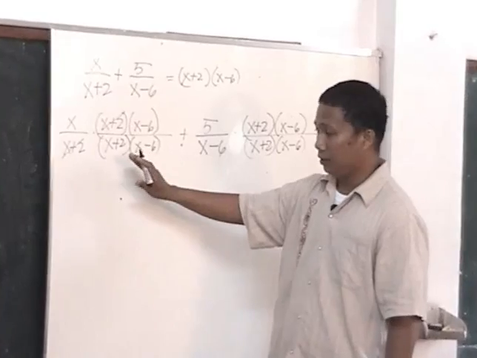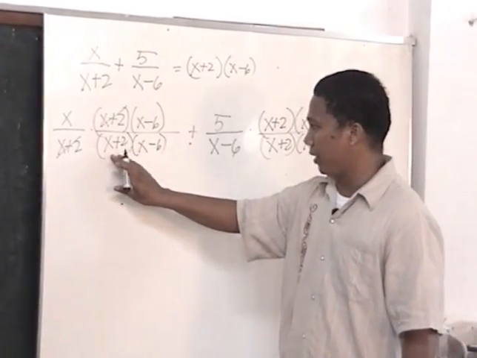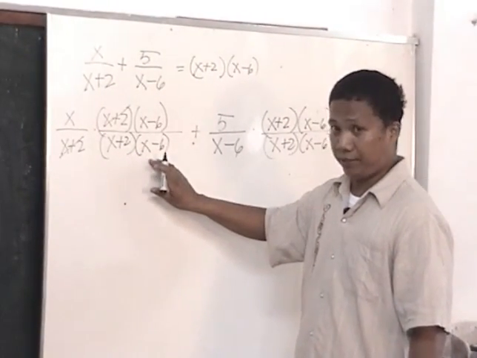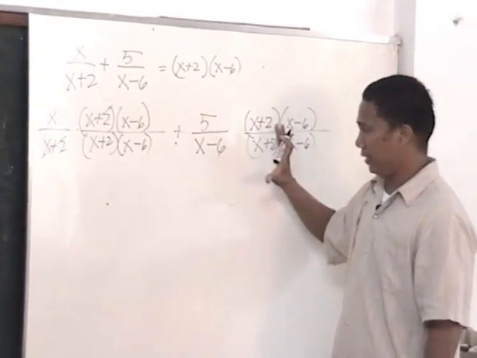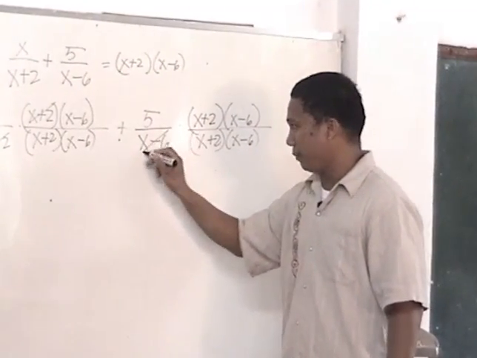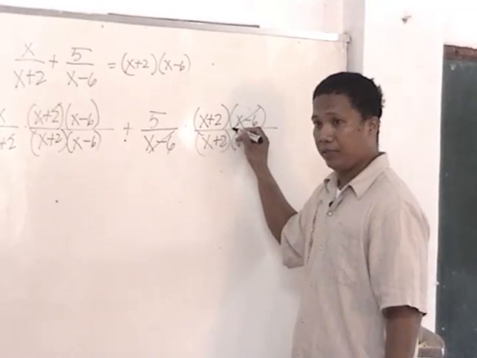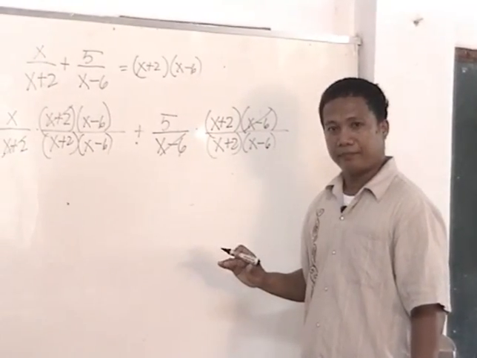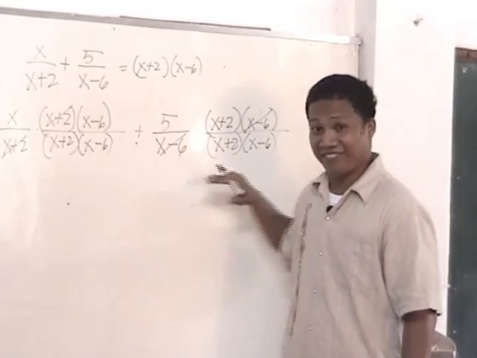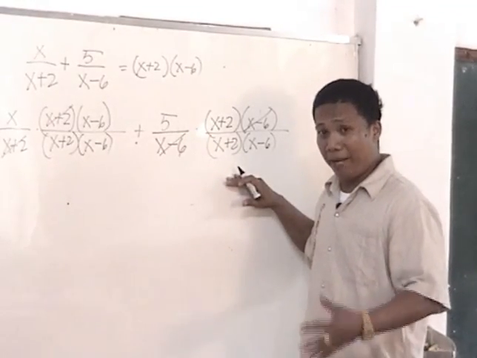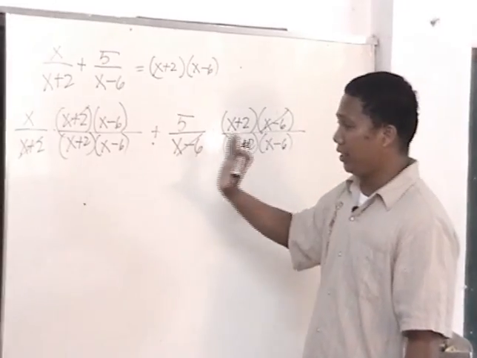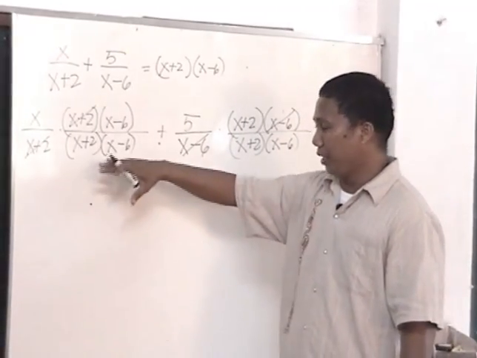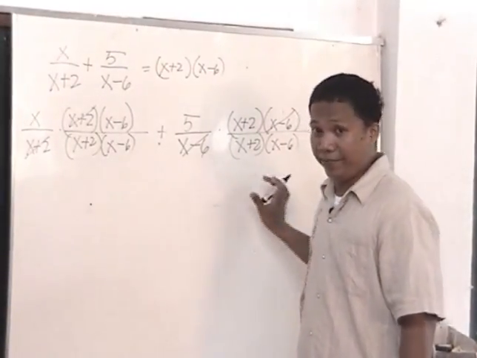What remains is the value for x plus 2 and x minus 6. And for the right side, we can cancel x minus 6 and x minus 6. What do you notice with the denominator that is being left? They are the same, as you can see. So we can apply now the addition process because they are similar in denominator.